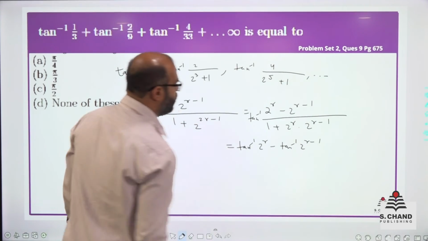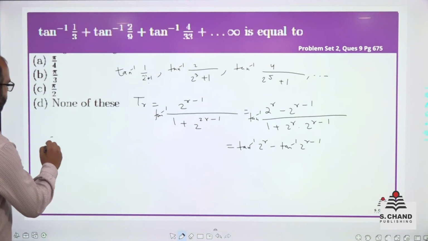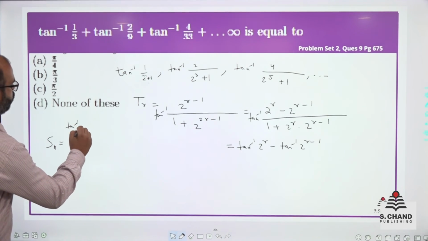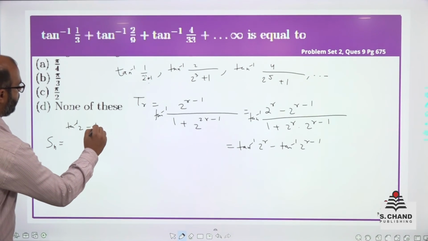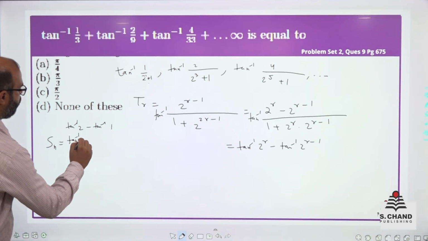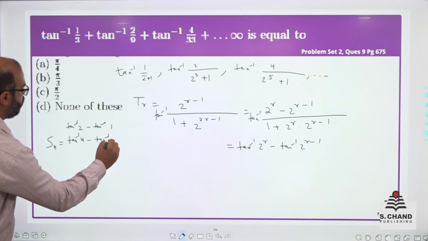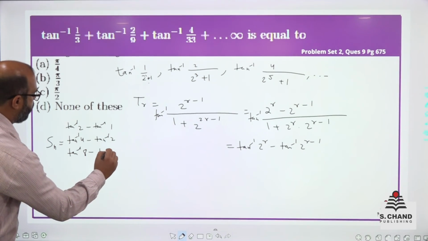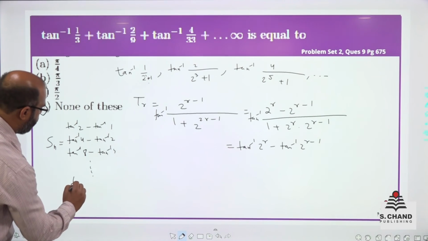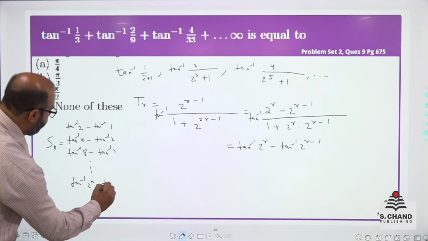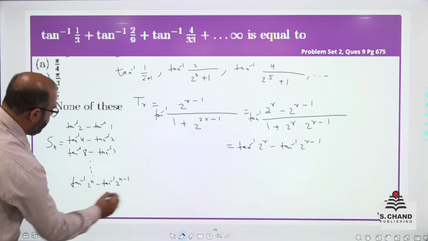So this is nothing but tan inverse of 2 to the power r minus tan inverse of 2 to the power r minus 1. Now if you take the sum till nth term, you will get tan inverse of 2 minus tan inverse of 1, then tan inverse of 4 minus tan inverse of 2, then tan inverse of 8 minus tan inverse of 4, and so on, tan inverse of 2 to the power n minus tan inverse of 2 to the power n minus 1.